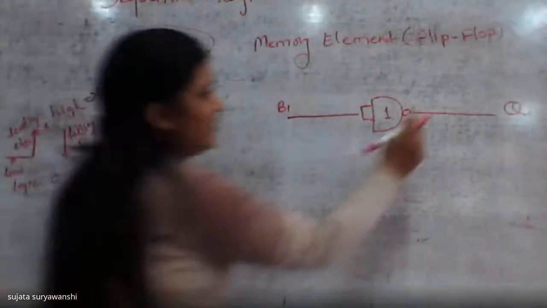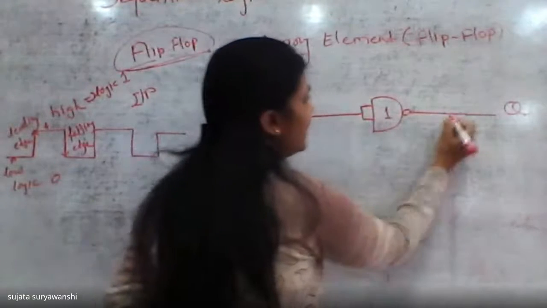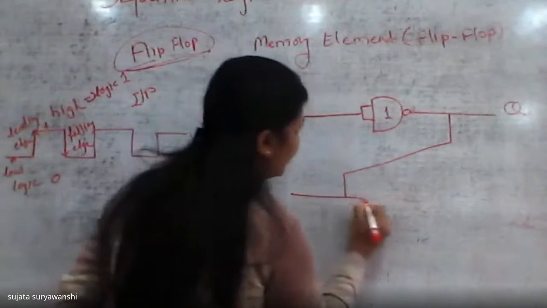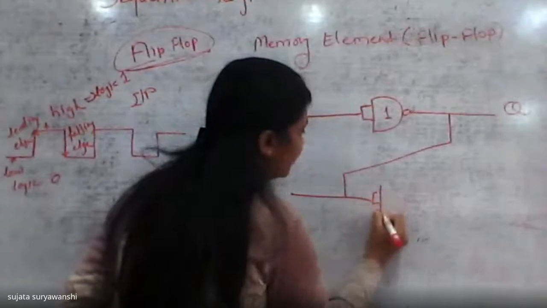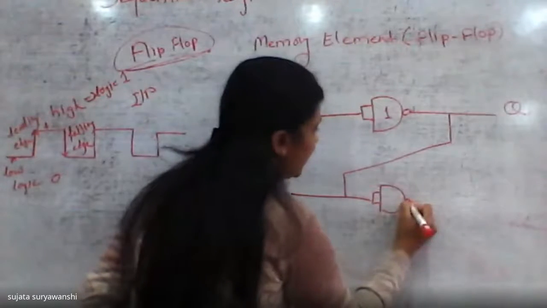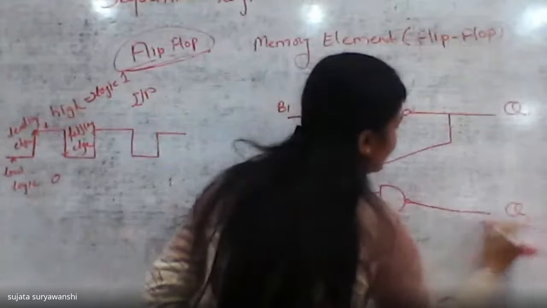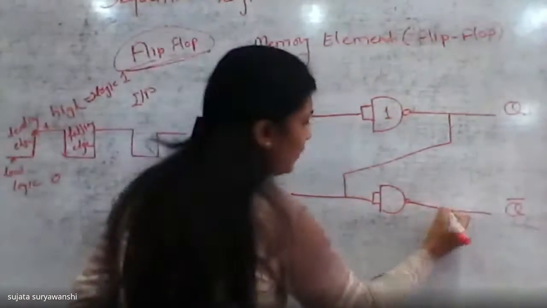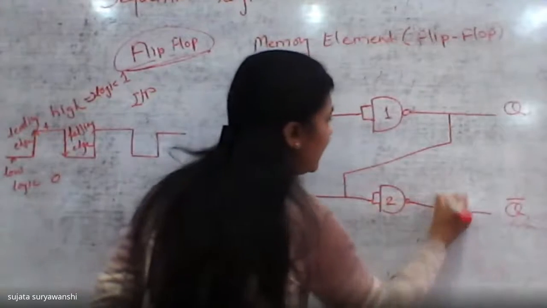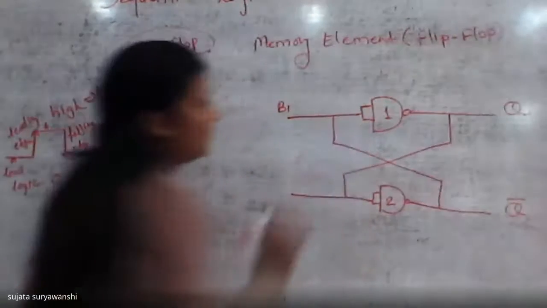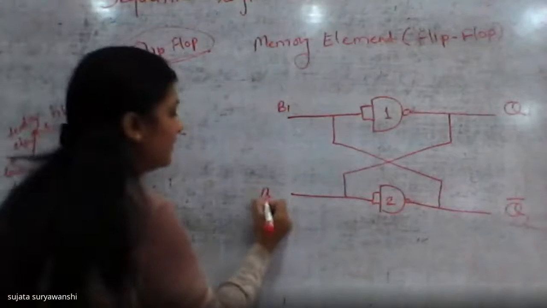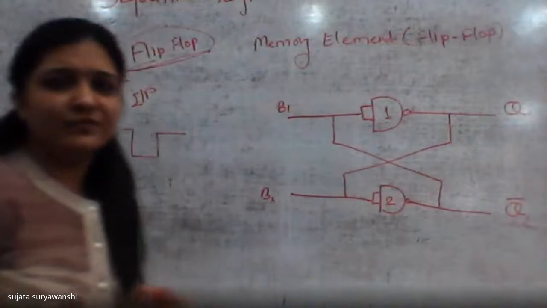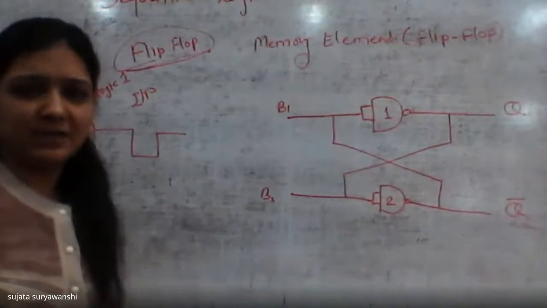Then the output of the first NAND gate is connected to the input of the second NAND gate, and the output of the second NAND gate will be Q complement, and the output of this second NAND gate is connected to the input of the first NAND gate, V1. This is the actual circuit of the flip-flop, the memory element.